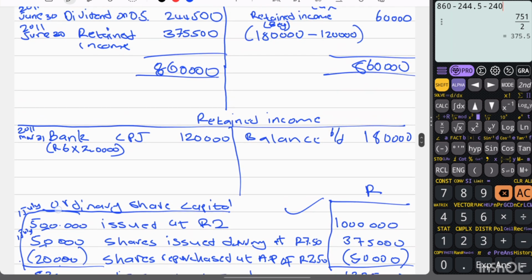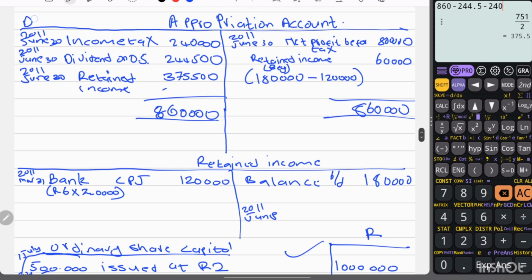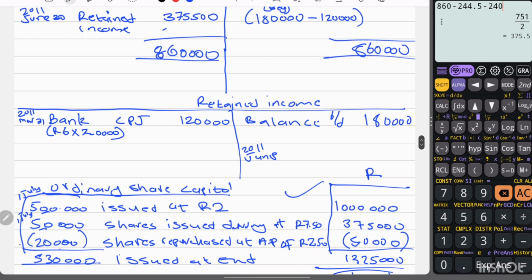Okay, all right, then here I'm going to write 2011 June. Remember, if it's on a debit side under the appropriation account, then here it must be on what now? It must be on the credit side. It's gonna be the appropriation account, general. How much is the amount?